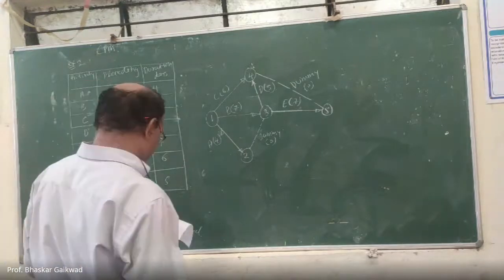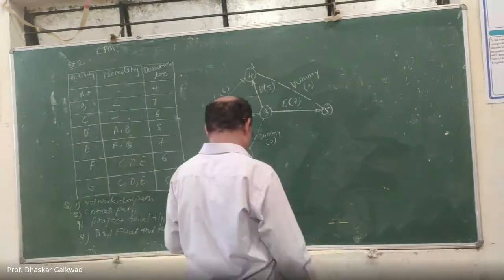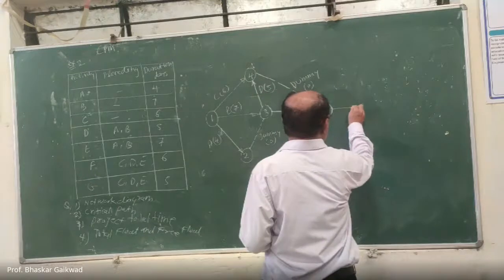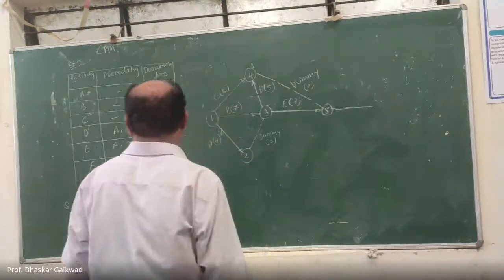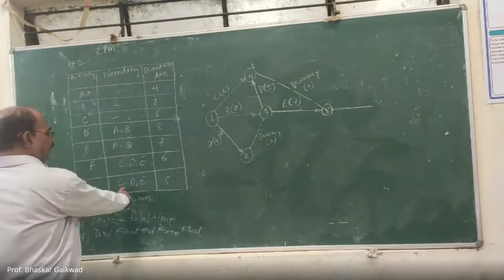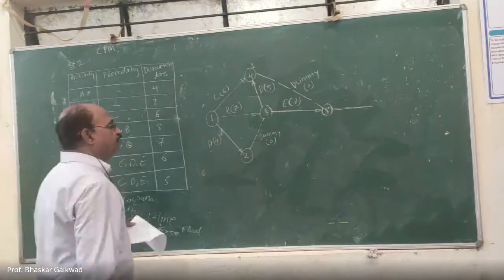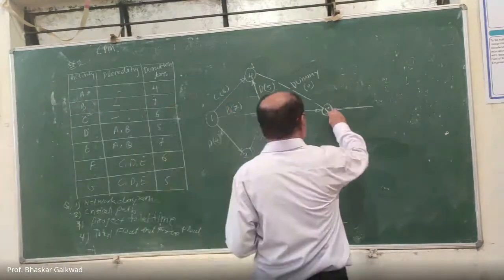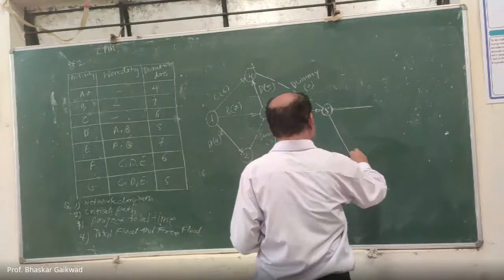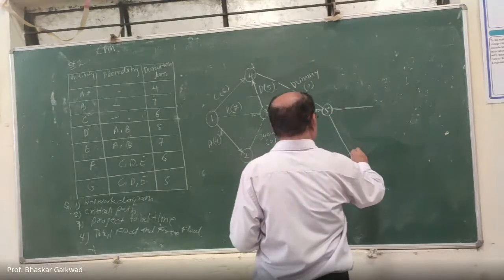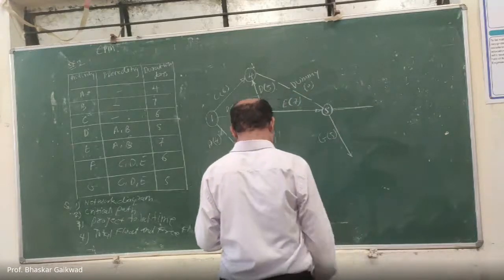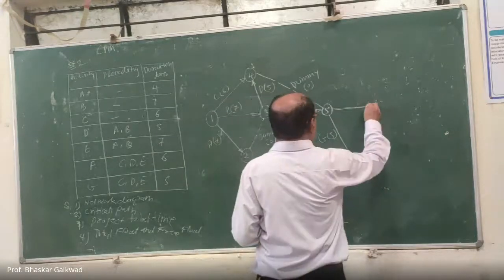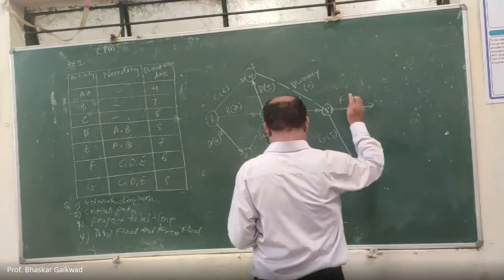So this is the F. And what is the Z? Z will also start from CDF here. So Z here is 5. Then here it is F, F will be 6.